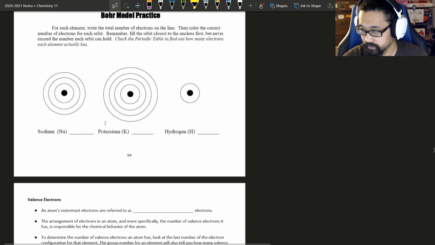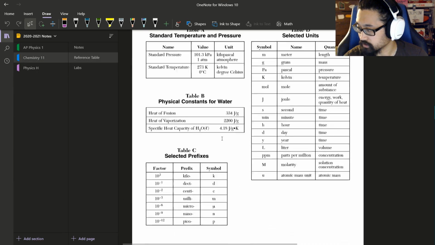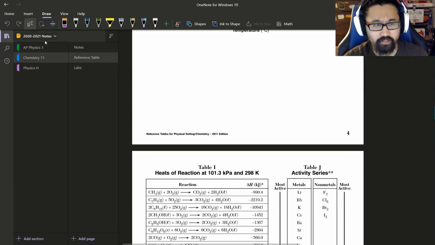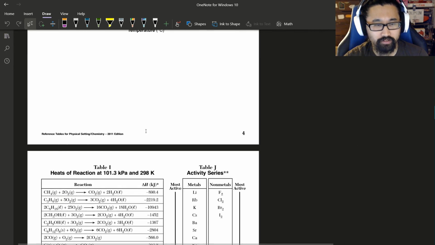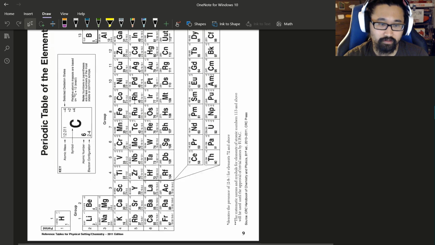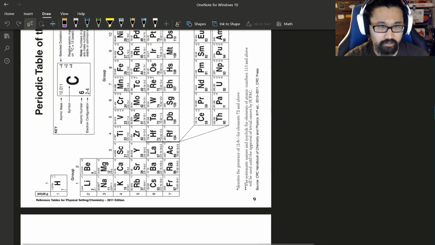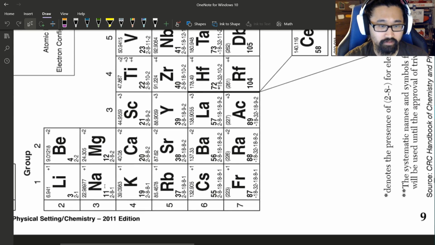Very quickly, if I look at these, and I think I need to do this. If I go and hey, look, a reference table. Another nice thing about this, I can keep all 3 sections in here. Now I realize this is a little sideways, but sodium, if we look down here, oh, it does do what I wanted to do. Awesome. All right, so sodium has a configuration of 2-8-1.